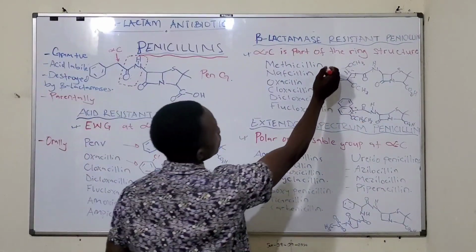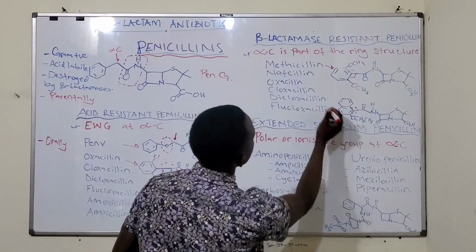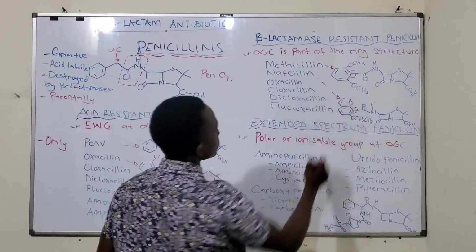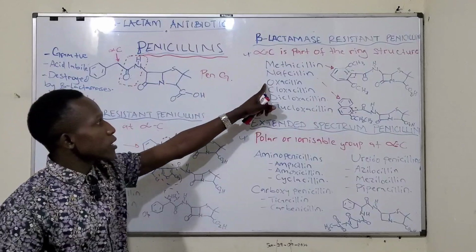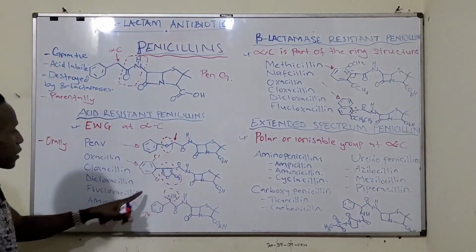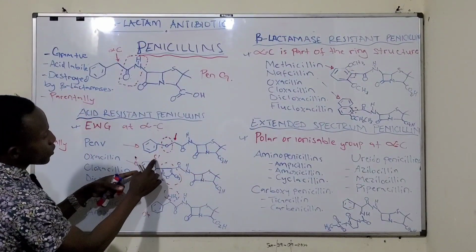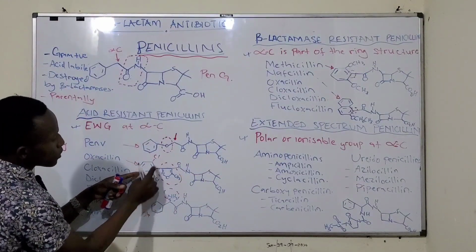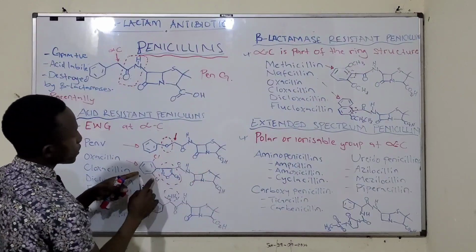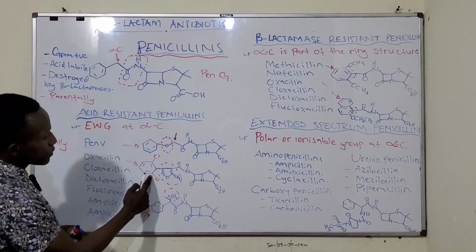So this is the structure of methicillin. Then this one is the naphthalene. Then oxacillin, chloroxacillin, dichloroxacillin, and fluoxacillin. We have seen the structure here. We said for oxacillin, there are no chlorine groups. Then for chloroxacillin, there is one chlorine at the ortho position.